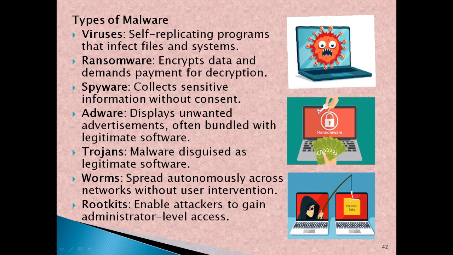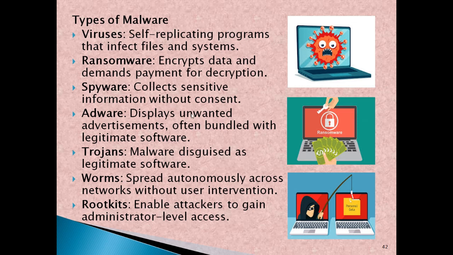It can encrypt the data of a company and demand that the company pays a certain amount before it can gain access to that data. That's ransomware. We have spyware, which collects sensitive information without the consent of the organization or individual. We also have adware, which displays unwanted advertisements, often bundled with legitimate software.